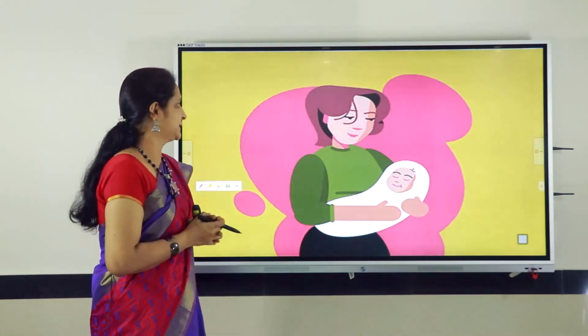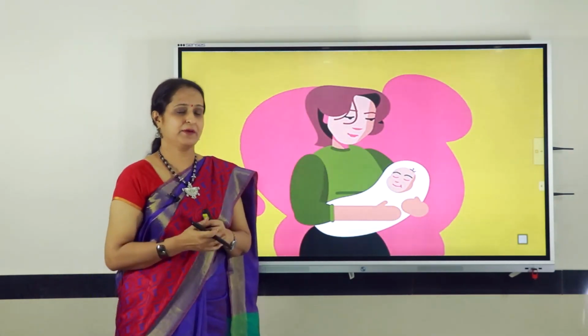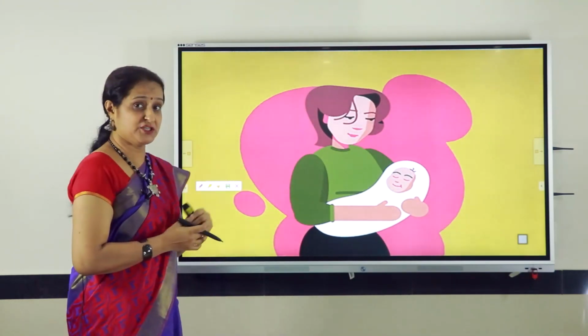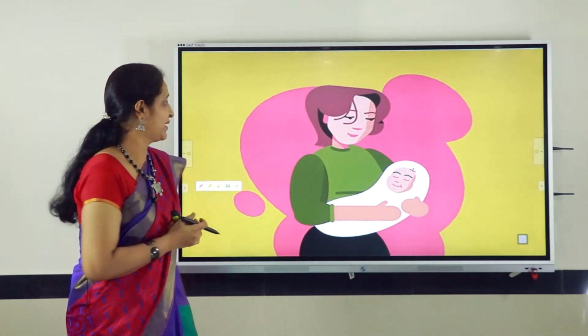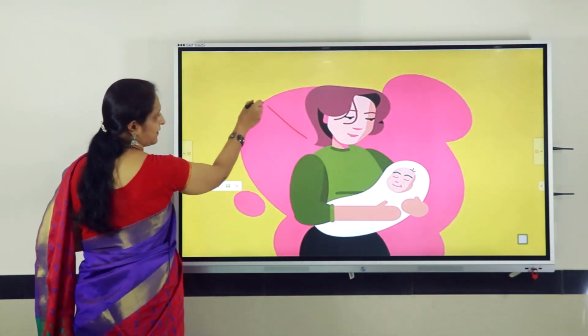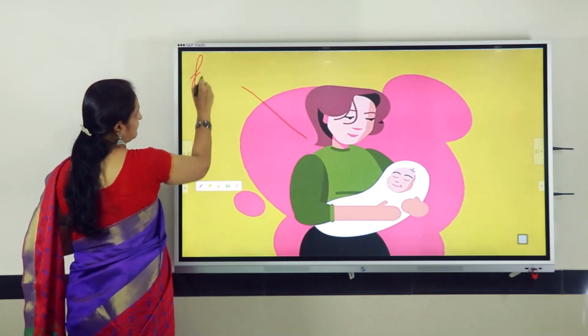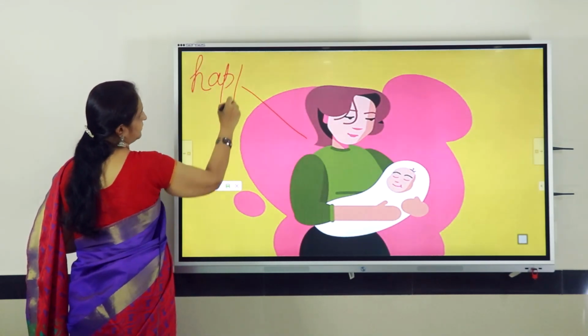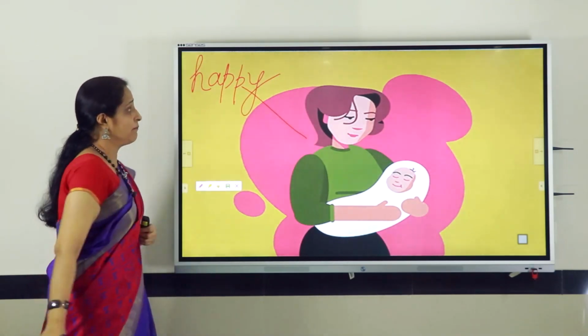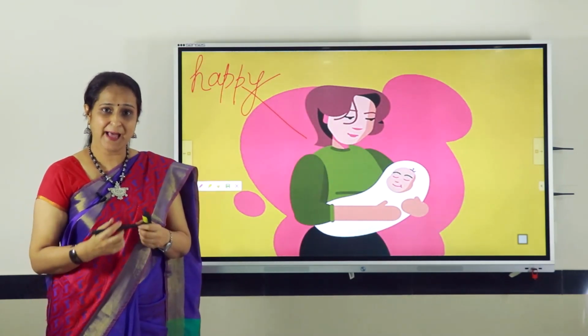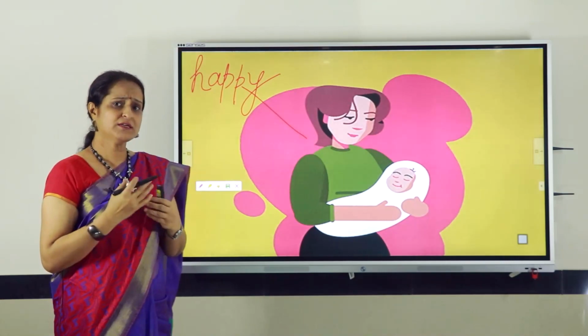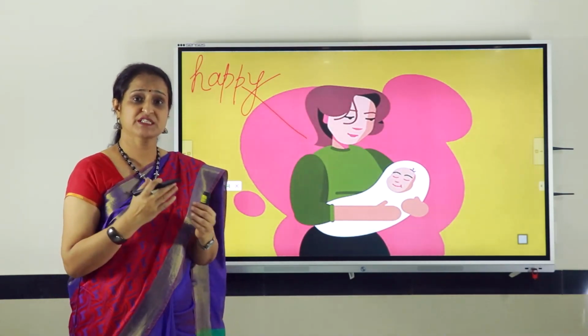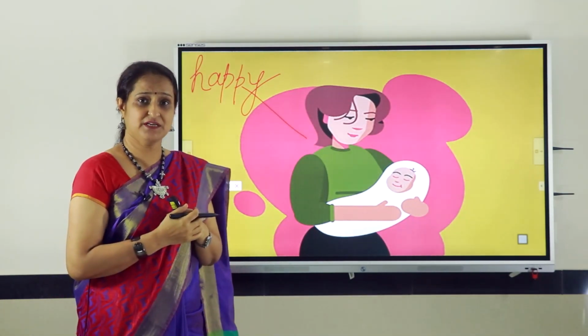Yes. The first describing word, by looking at the picture, we can say is happy. The mother looks happy. What other words can we use to describe the mother in the picture?